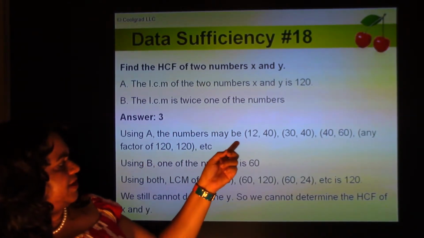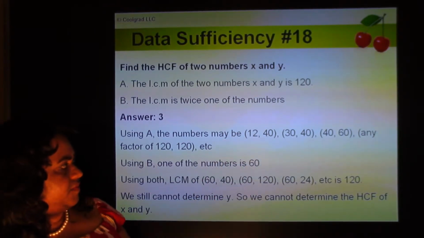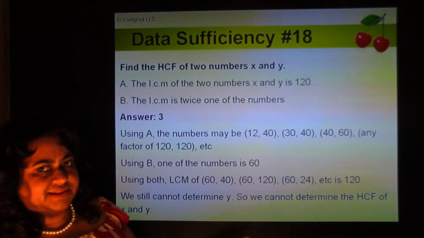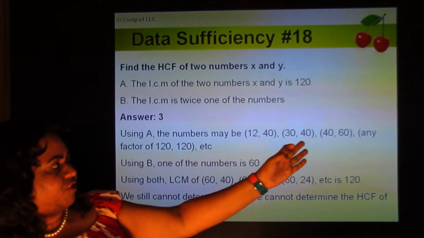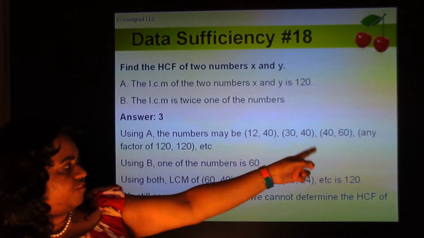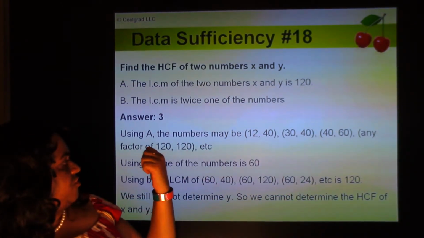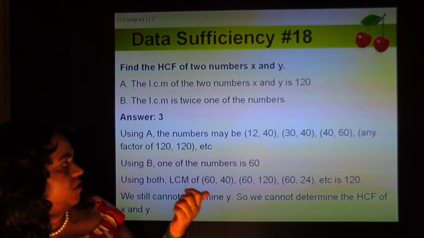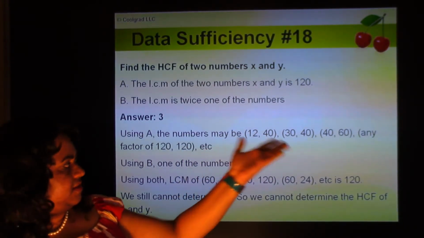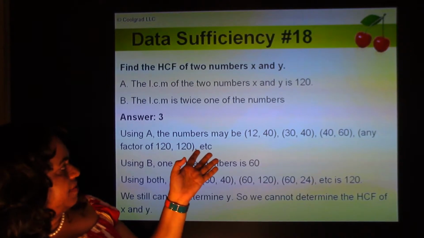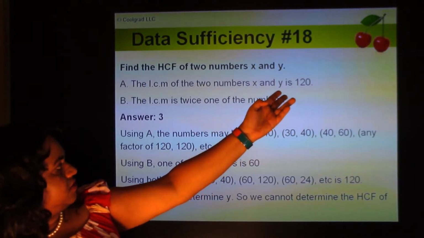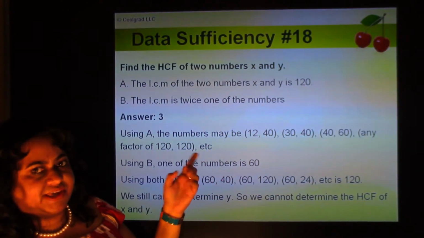The numbers may be, for example, say 12 and 40. Their LCM is 120. 30 and 40, their LCM is 120. 40 and 60, or any factor of 120 and 120. So any of these numbers can have their LCM as 120. So we can't arrive at a unique solution using A alone.